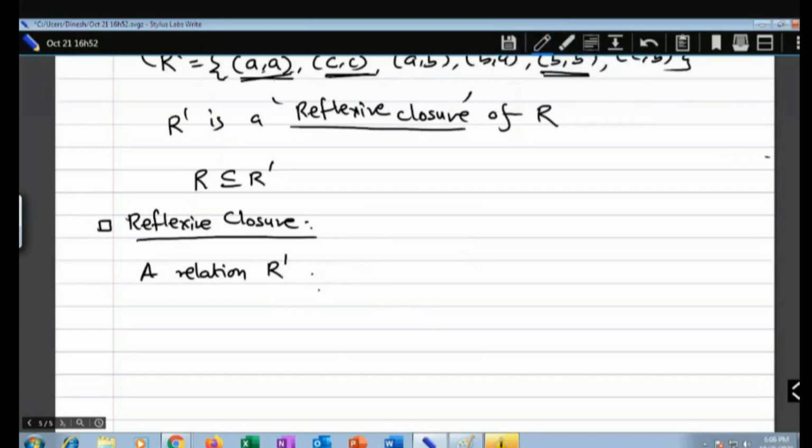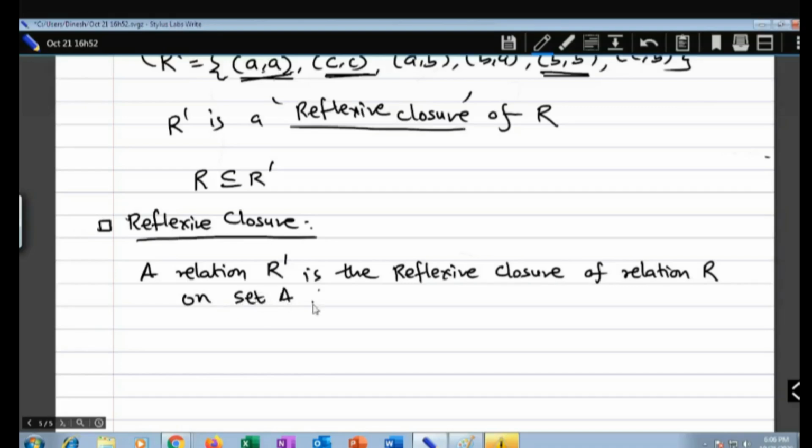So let's say a relation R dash is the reflexive closure of relation R on set A if and only if, number one, there are some conditions to be matched, that R dash is reflexive.